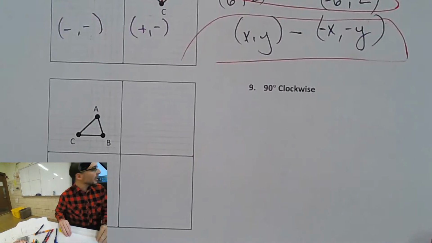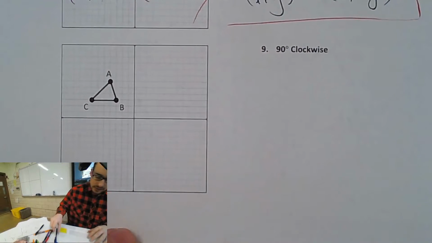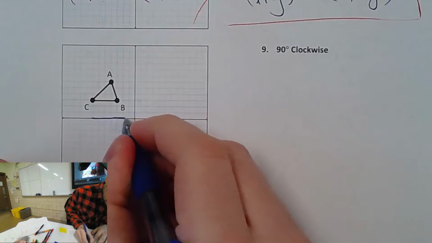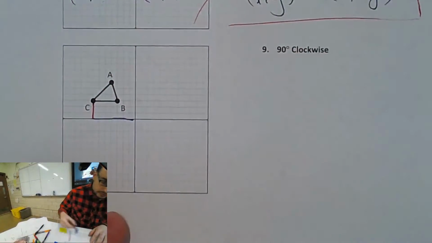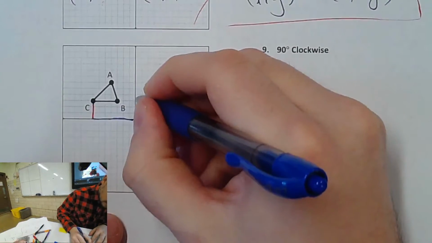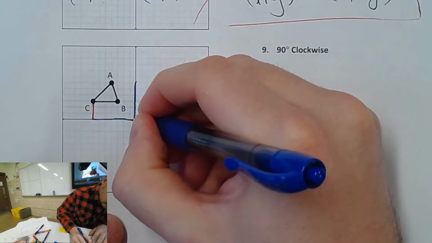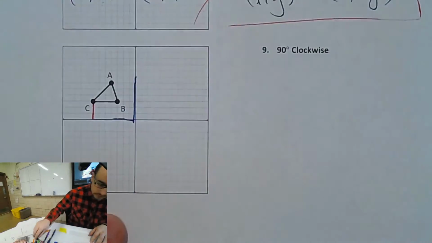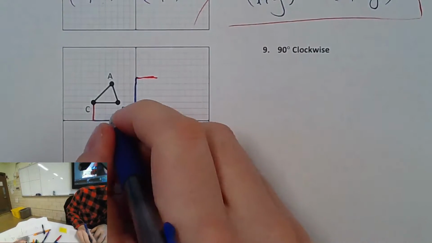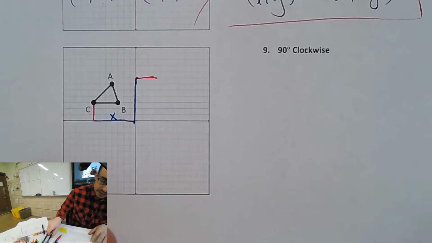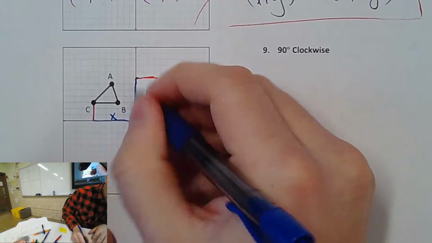If we go down to number 9, here's C. We're rotating clockwise, so we're going to end up over here. 7 and 3. Notice that what once was our x value has now become our y value here, right? It's up and down now.